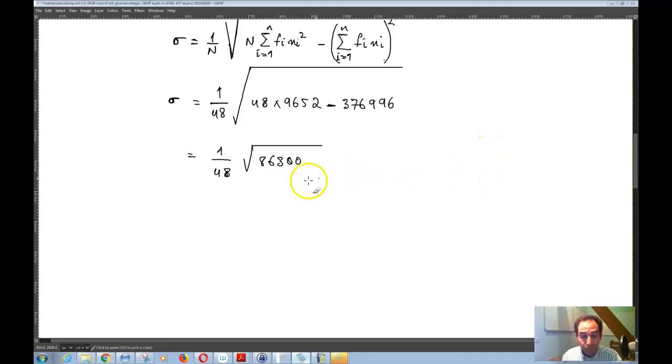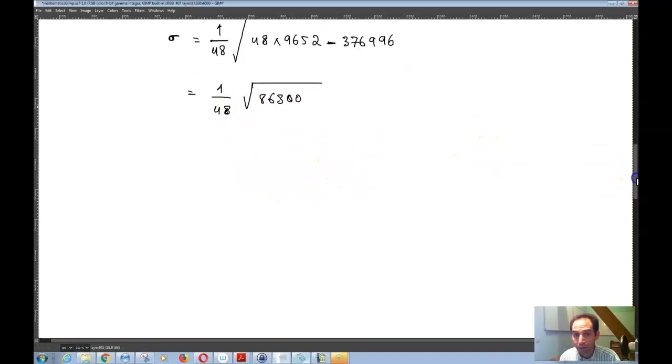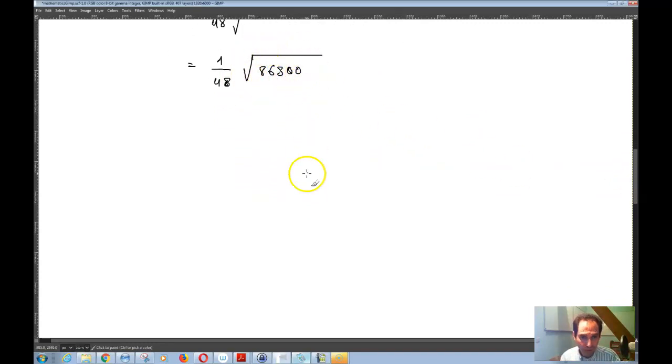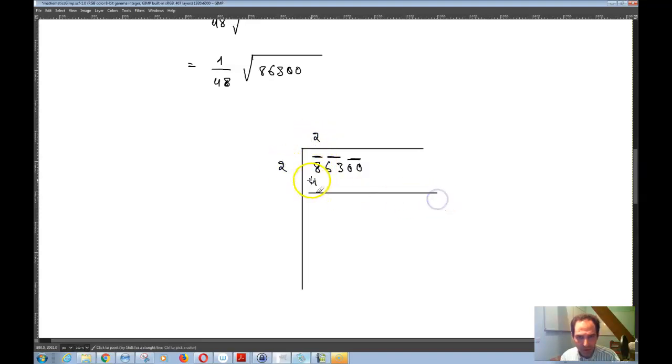And then what you need to do is take the square root of this number, 86,300. You make groups of 2 digits. And then, for example, 2 times 2 is equal to 4, 3 times 3 is equal to 9. So 2 times 2 is equal to 4. Subtract, and you will get a 4 over here. Bring down 63. And then 2 plus 2 is equal to 4. Another digit here, another digit here.